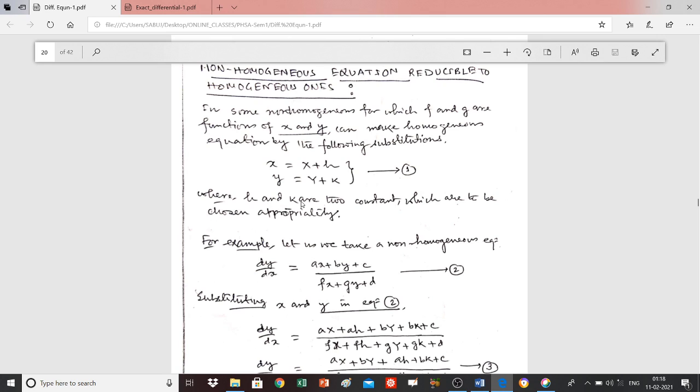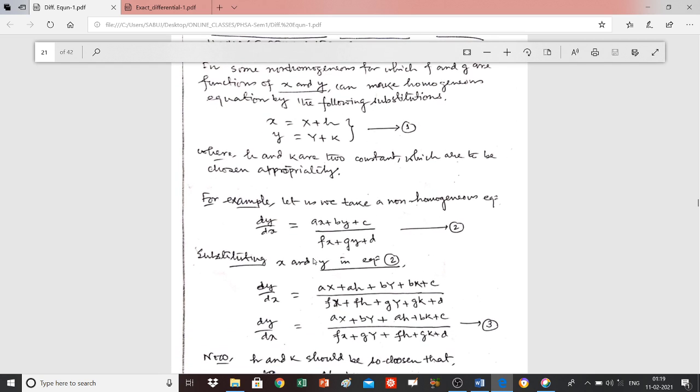In this case, h and k are two constants, and these h and k should be chosen appropriately or suitably. The process by which we can choose h and k is discussed after some lines, so just go through this now.